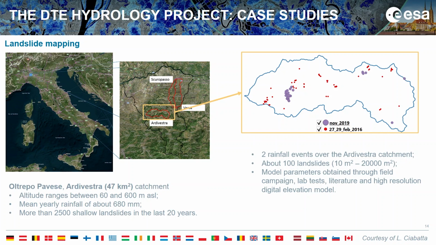During two different rainfall events, one in November 2019 and another one in February 2016, there were several landslides in this area, more than 100, and with different extensions, from very, very small ones to big ones. We have selected these events as a benchmark to test how we can predict landslide risk with the data cube inside the digital twin for hydrology.